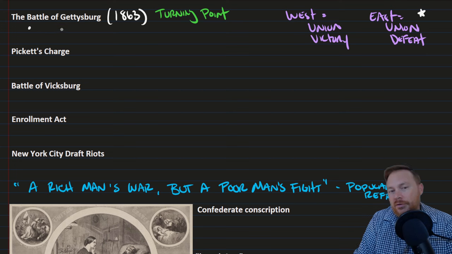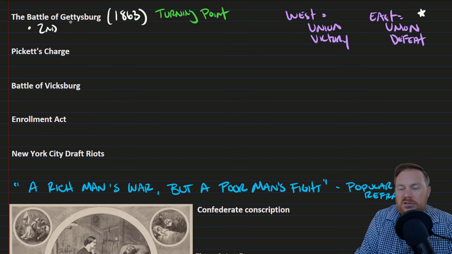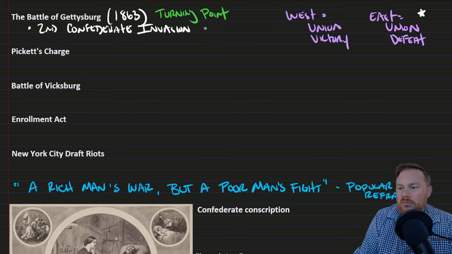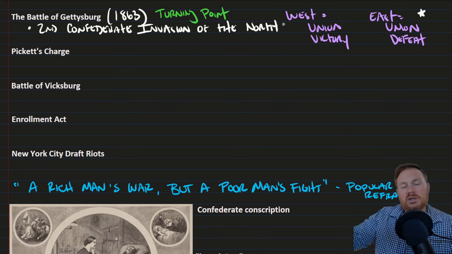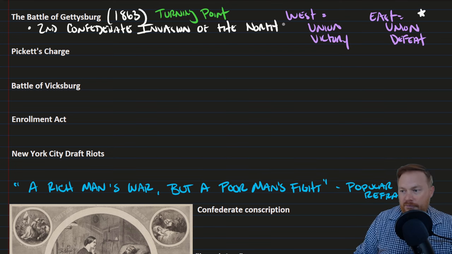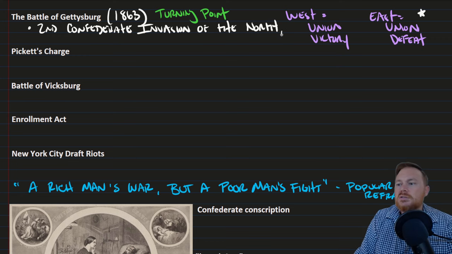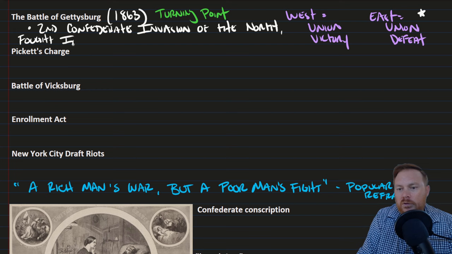The Battle of Gettysburg, or the Gettysburg Campaign, was the second Confederate invasion of the North. So once again, the Confederacy is on the move into Union territory, meaning that the war has gone much better for the Confederacy up until this point. This was fought in Pennsylvania. So it's being fought on free soil.